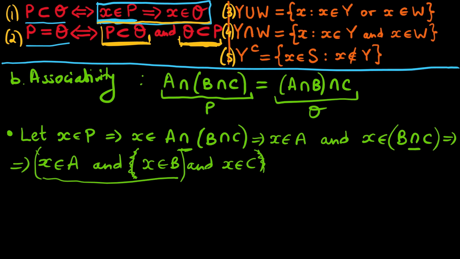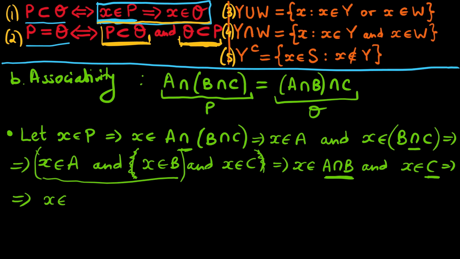What's inside the parentheses now, by definition 4, going from right to left, says that x is an element of A intersection B, and x is an element of C. Okay, and then by definition 4 again, going from right to left, we see that x must be an element of the intersection of the two sets.